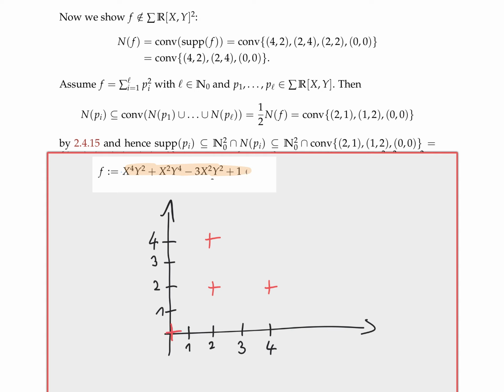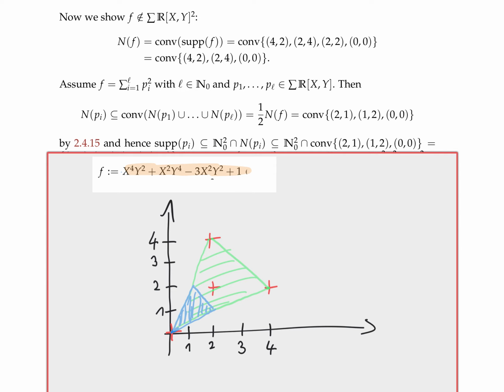So this is the support, right? And now this is the Newton polytope of the Motzkin polynomial. And 1/2 of it is now this. And the Newton polytope of p_i is contained in this.